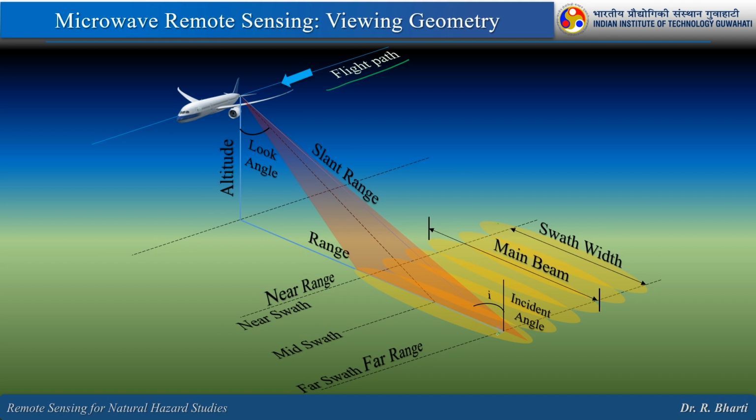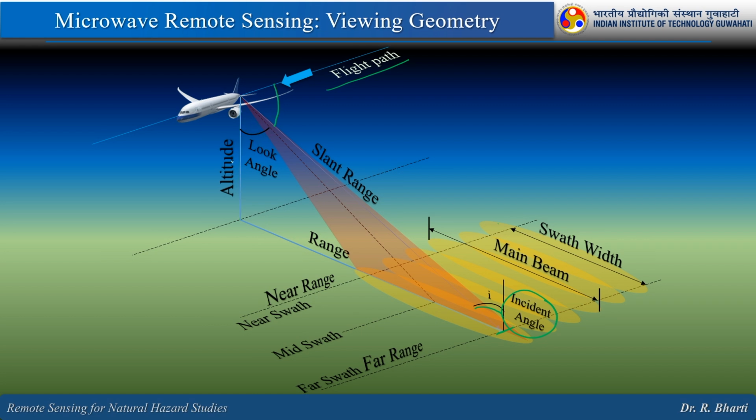So, now with the perpendicular on the ground, the beam, the slant range, is making the angle I, which is the incident angle. From the flight path it is making the angle called the depression angle, and from the nadir it is called the look angle.